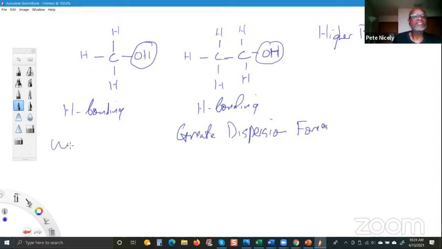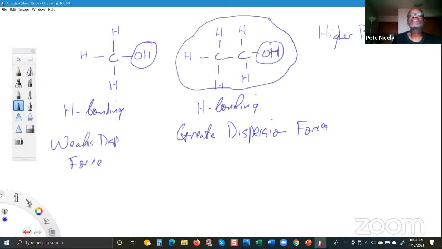And this one has weaker dispersion forces, all right? So therefore, as a result, this would have the higher boiling point. So that's how we do that one. Any questions about this? Any questions?